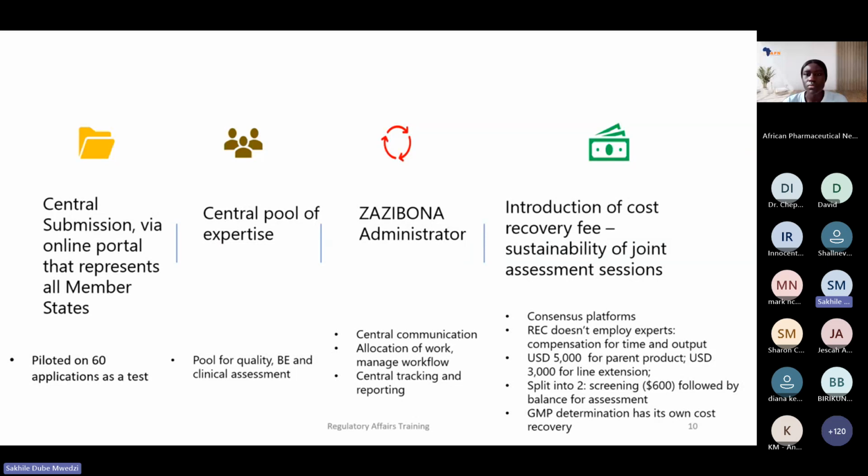So the most important thing to understand about the current centralized ZAZIBONA process is that there is now a centralized online portal which receives applications, and that portal represents all the member states. So it represents the 9 active member states you would have gone to submit your application.